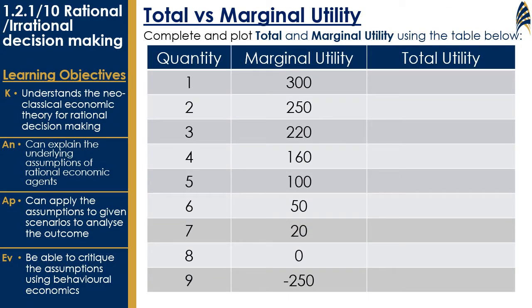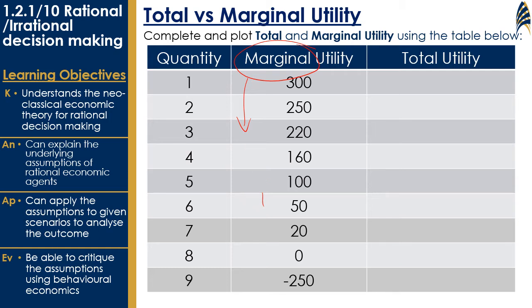Bit of fun here, filling in lots of nice numbers. So you've got, it looks like, quantity of units of whatever it is consumed. You've got figures for marginal utility. That marginal is really important, by the way. You're going to do lots of marginal. Next, I don't like that colour. I'm going to go back to red. Marginal. This is because you're going to have marginal cost, marginal revenue, marginal profit, all these things.